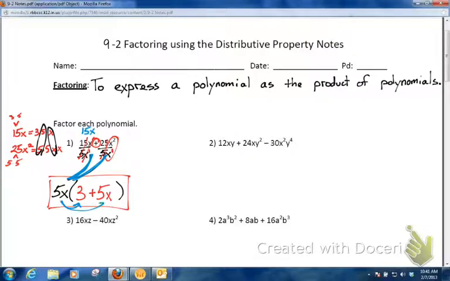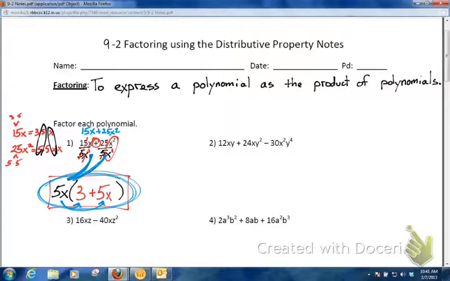And then what's 5x times 5x? Well, that's plus 25x squared. And you should always get back your original problem. But this is what we're looking for here. The factored form of 15x plus 25x squared is 5x times the binomial 3 plus 5x.